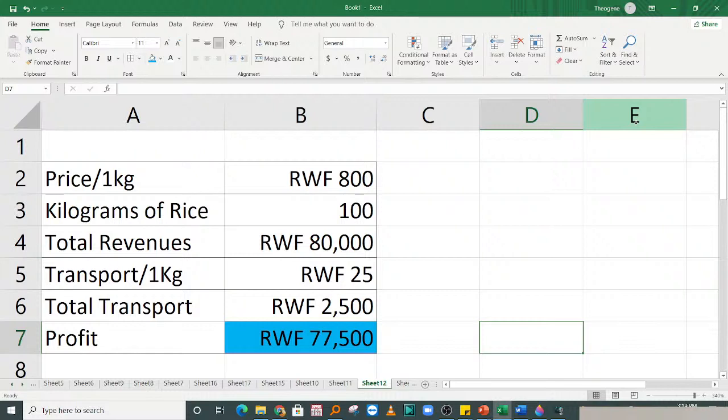But the transport per 1 kilogram is 25 Rwandan francs. So the total transport for the 100 kilograms is 2,500 Rwandan francs. So the profit is 77,500 Rwandan francs. This is very clear.